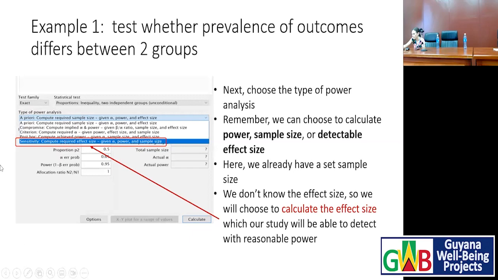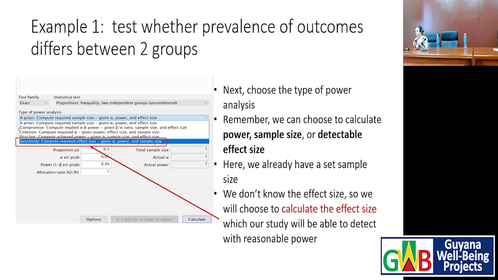Okay, so after putting in the selection, the window will look like this. We see the proportions inequality for two independent groups, the test that we selected, and now we're going to choose where it says the type of power analysis. The type of power analysis section is where we can pick between power, sample size, or the detectable effect size.